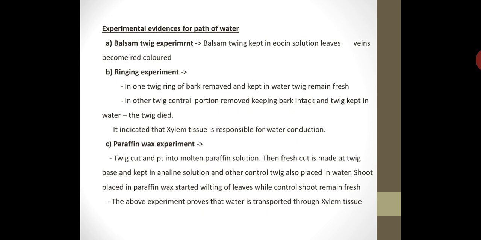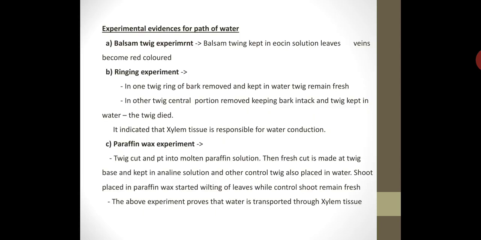To prove this ascent of sap, how it takes place, what are the experimental evidences to explain the path of water in the plant body. We know the conducting tissue consists of xylem and phloem. Then which tissue is responsible for the ascent of sap?